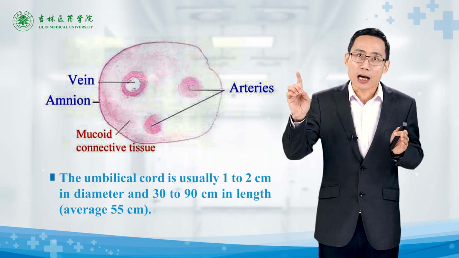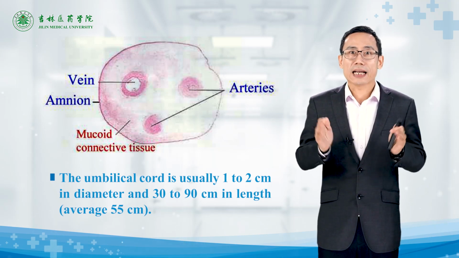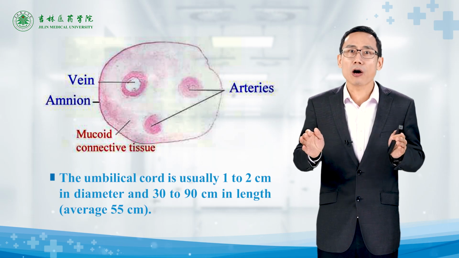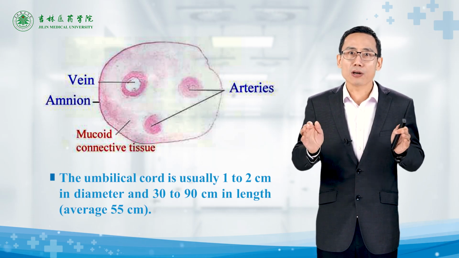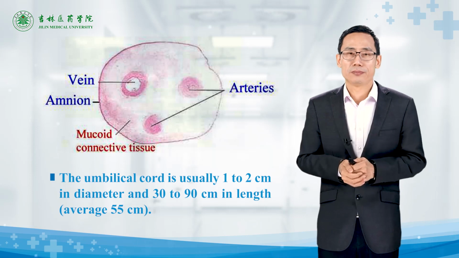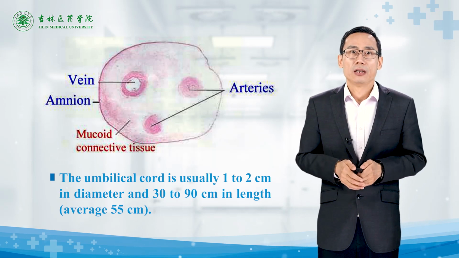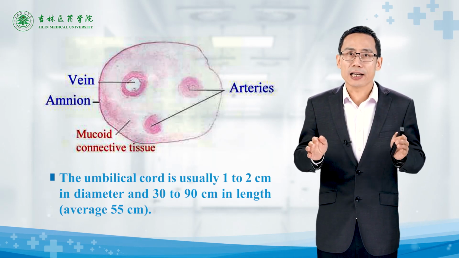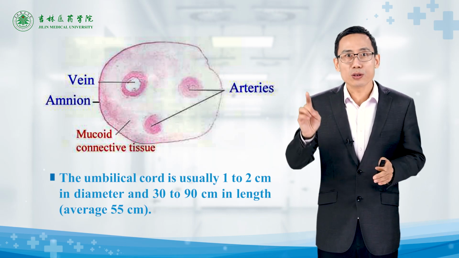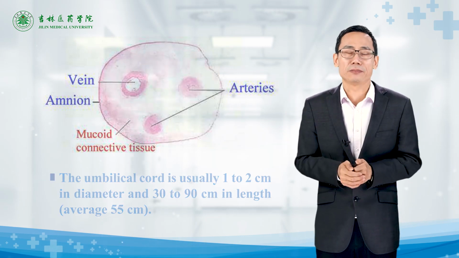There is only one umbilical vein, which will send the blood that has absorbed rich nutrients and oxygen back to the embryo. At birth, the cord is 30 to 90 cm long and 1 to 2 cm in diameter.